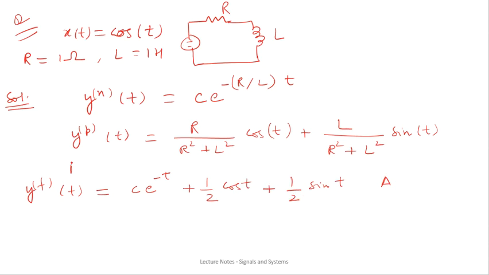Just by putting these values in these equations you get the forced response, which is the summation of y n of t and y p of t. Now the coefficient C can be determined from the initial condition y of 0 equals 0.